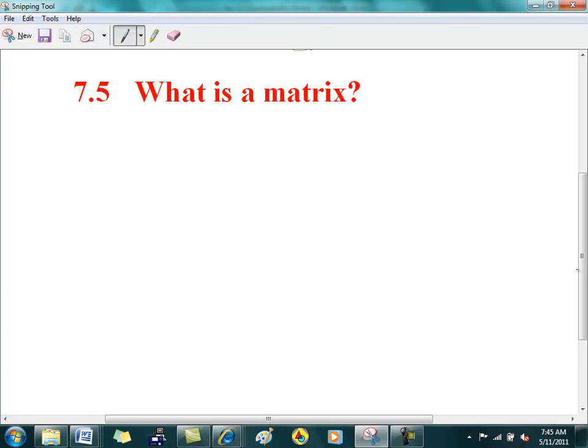Okay, so something like 3, 4, 5, 6, something like that? That's the key word, in an organized way. Okay? Not only that, what else should you have in a matrix? Nice, good job. Brackets. So, this is a matrix.